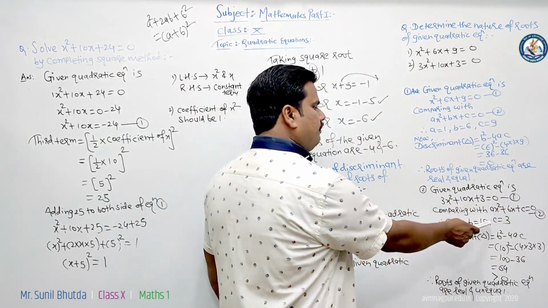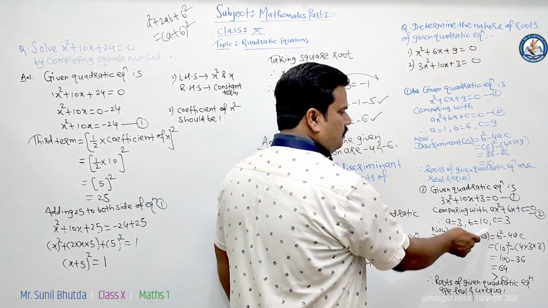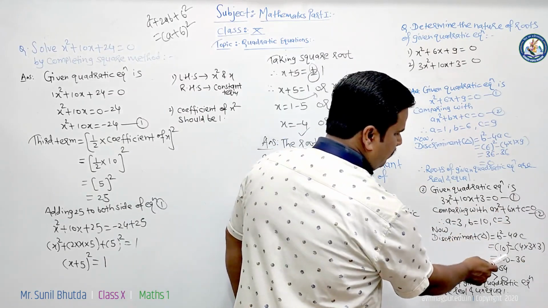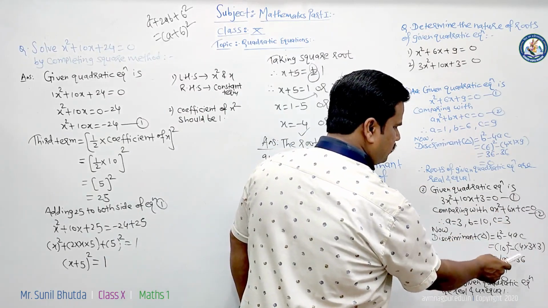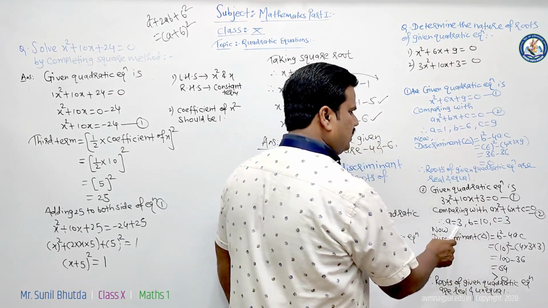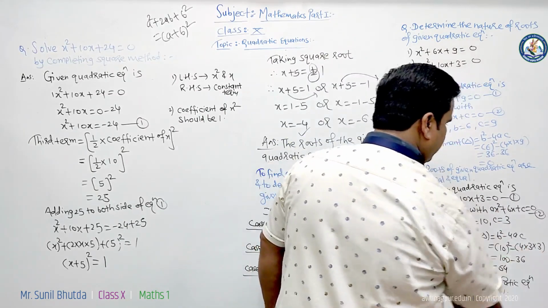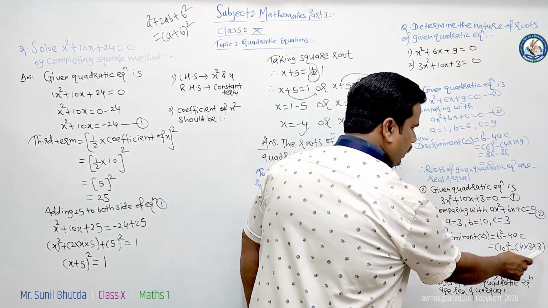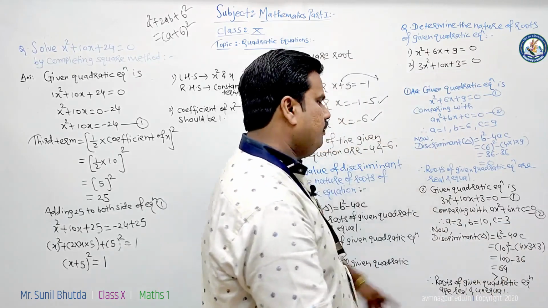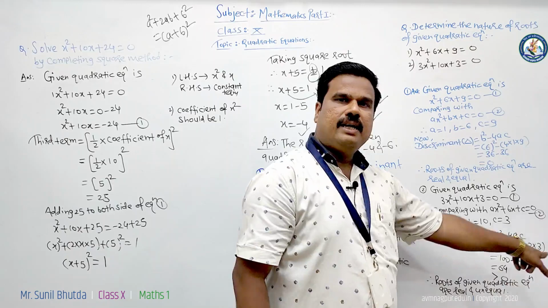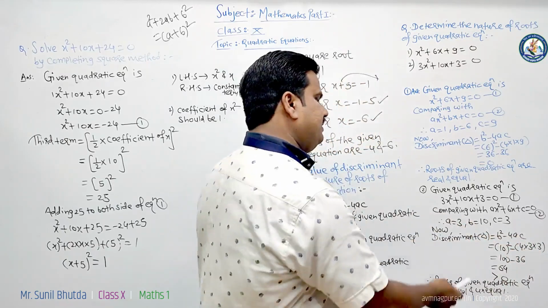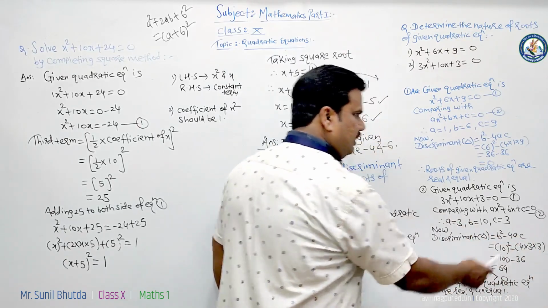What is b in our formula? What is b in our problem? B is what? 10. 10 square minus 4 into 3 into c is what? 3. 4 3s are 12. 12 3s are 36. And square of 10 is 100. 100 minus 36 will be equal to 64.